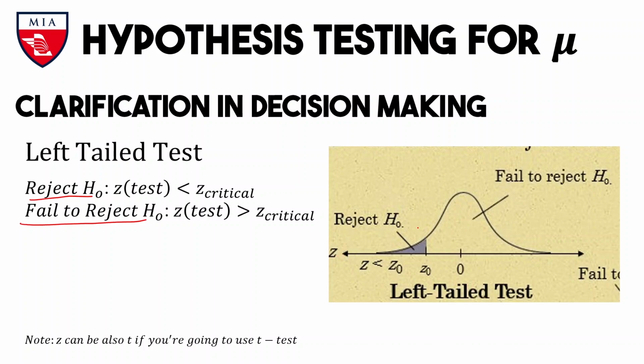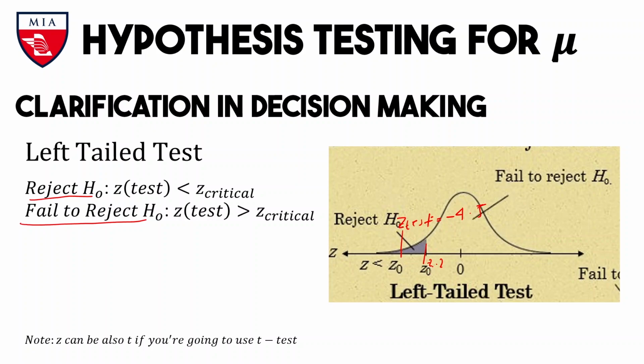For example, our z-critical is equal to negative 2.2, and our z-test is equal to negative 4.5. We can reject the null hypothesis if the value of our z-test is less than the z-critical.